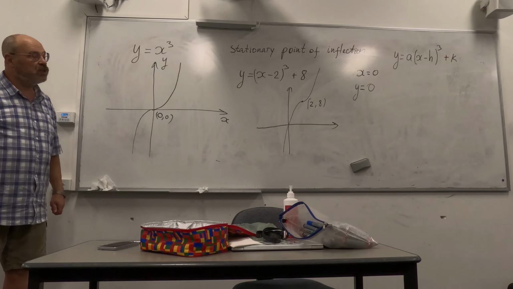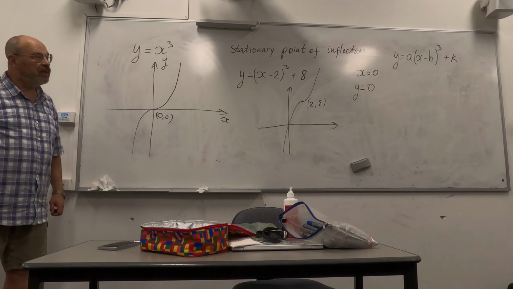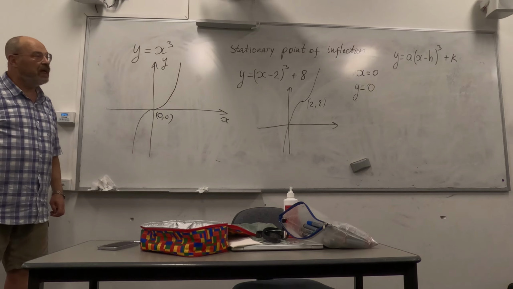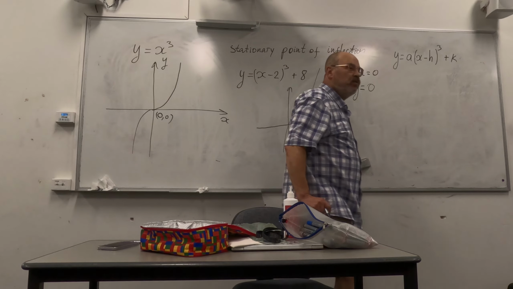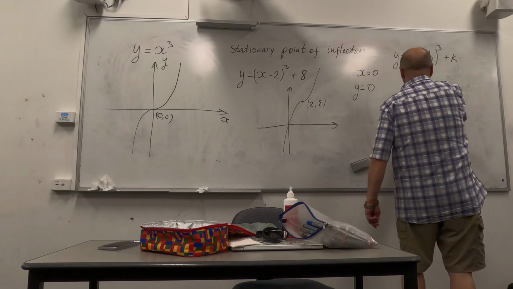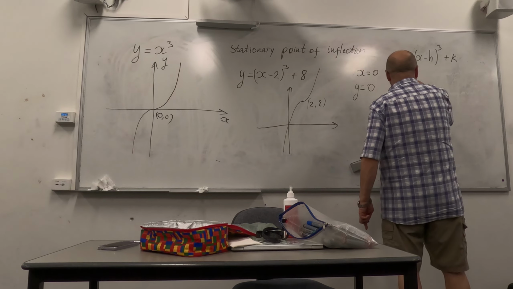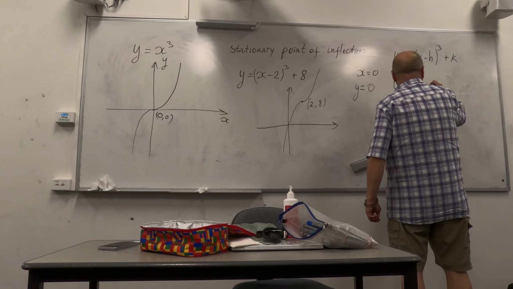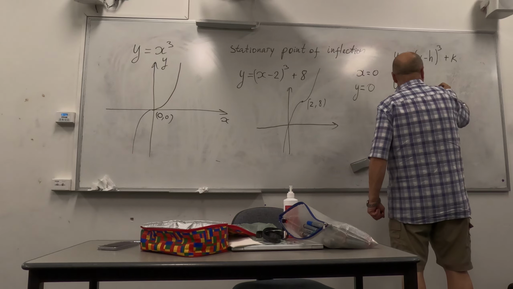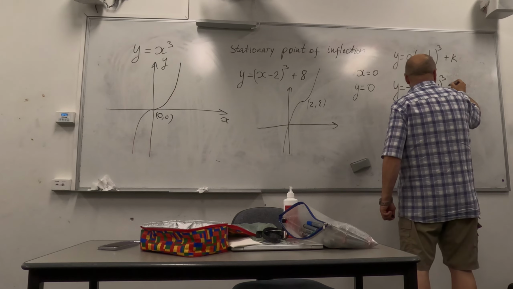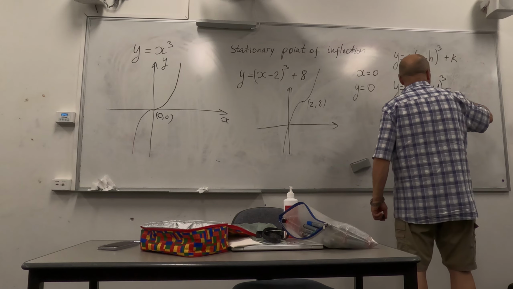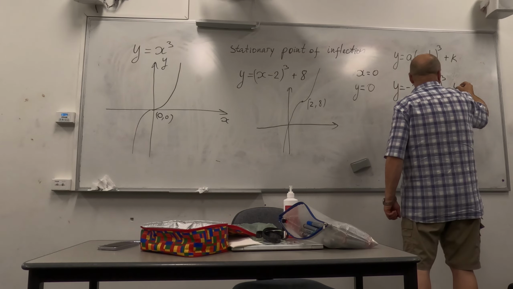With the reflection, and h being horizontal, (h, k) will be the stationary point of inflection. So let's graph y equals negative 2(x plus 1) cubed minus 4.